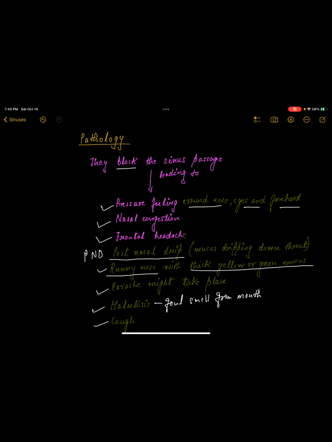The patient gets this foul smell because the infected mucus is dripping down into the throat. So that is why the patient has halitosis and cough.